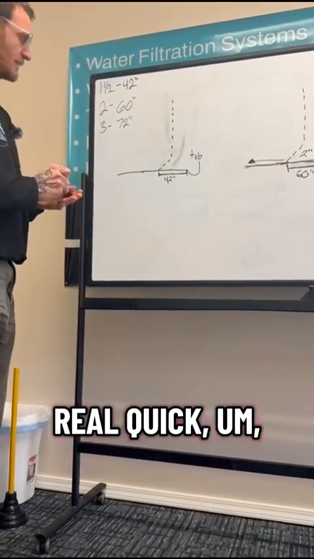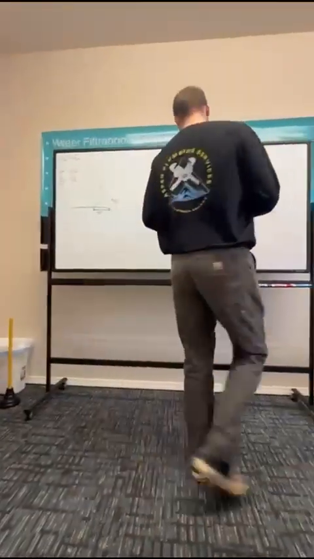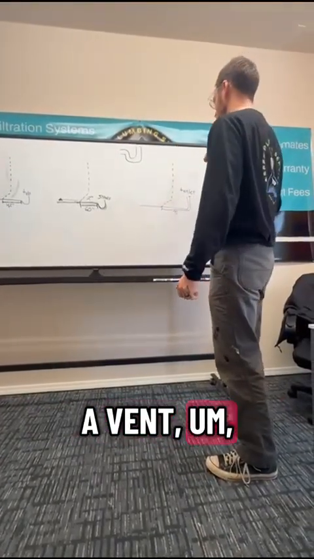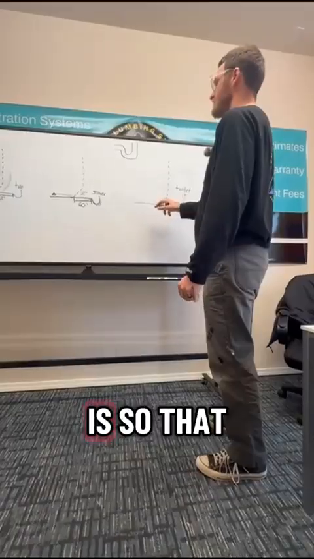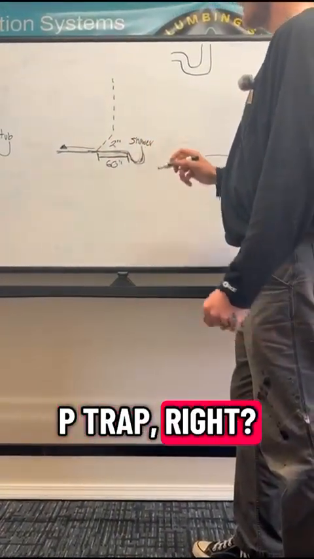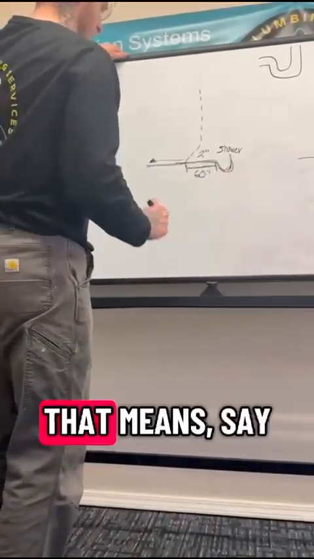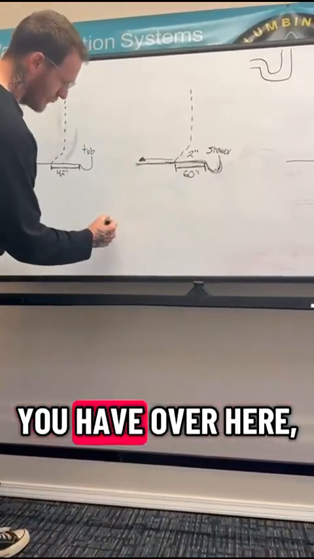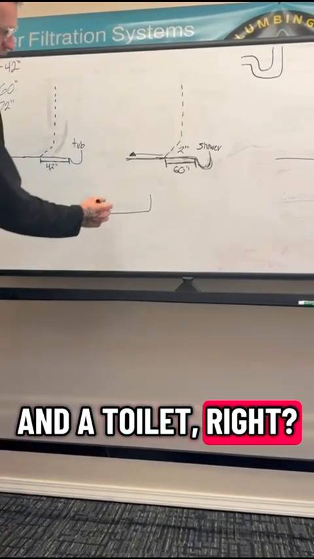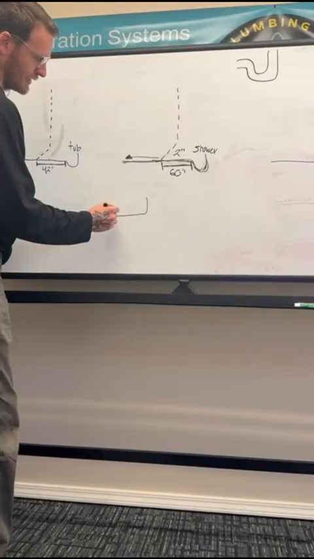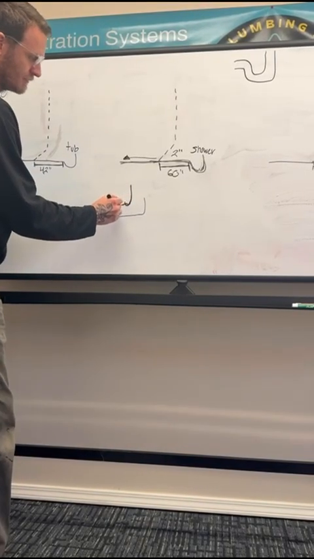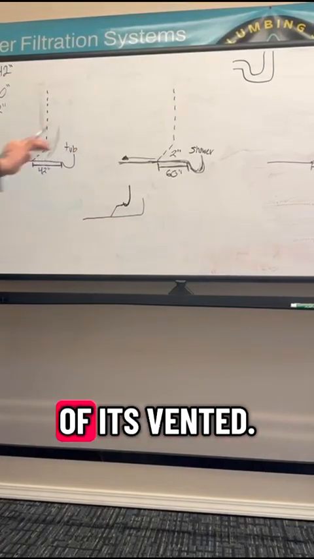Real quick, here in the UPC code book too, the whole purpose of a vent, from what our code book says, is that it prevents back siphonage from our P-trap. So say we have this toilet over here, and over here we didn't run a vent, and we came off this way and ran a shower over here, and none of this line is vented.